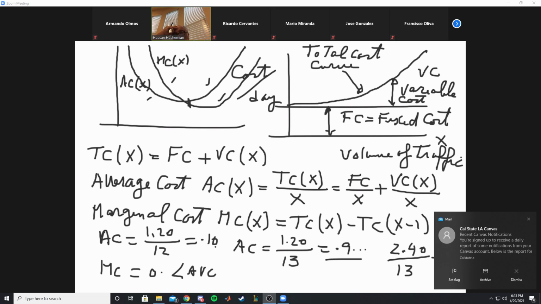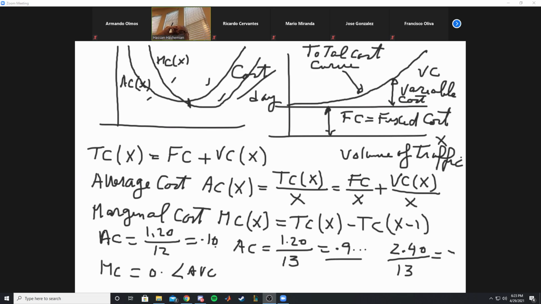And that will be very costly. So your marginal cost is very high, much higher than your average cost. So that's where you stop. You do not take that order because you say that's not worth it. For that extra pair, I have to spend too much money on it. So that's the relationship between average cost and marginal cost. Any question on that?